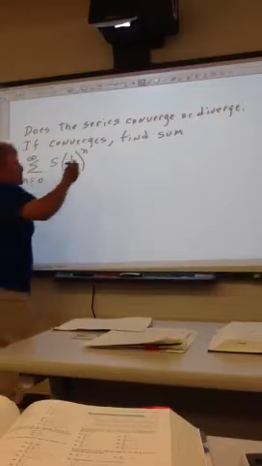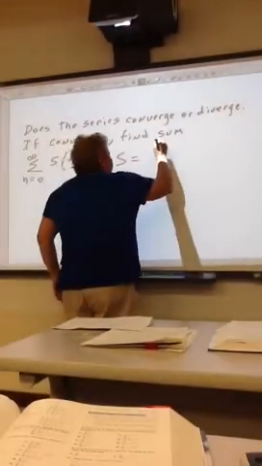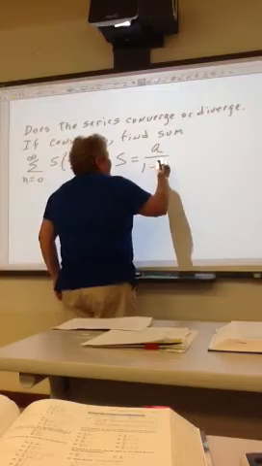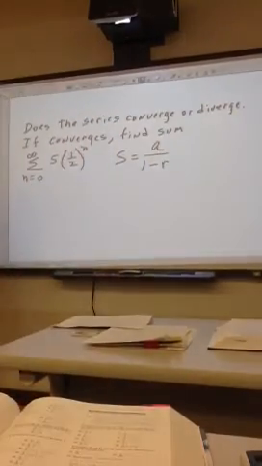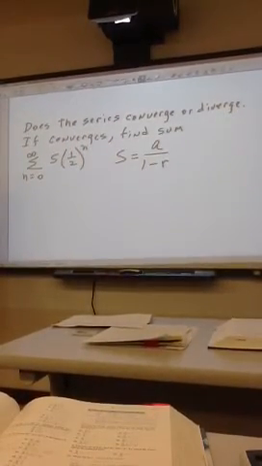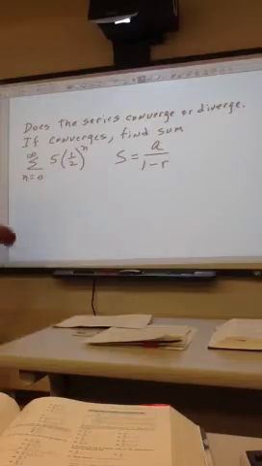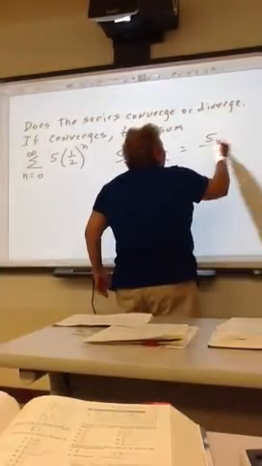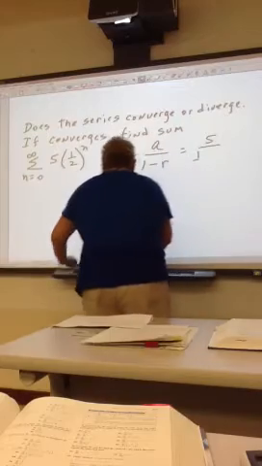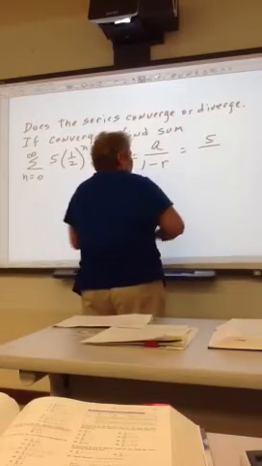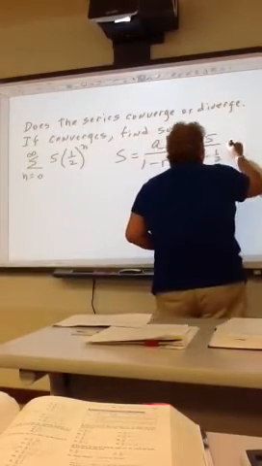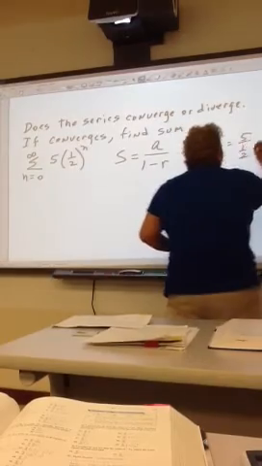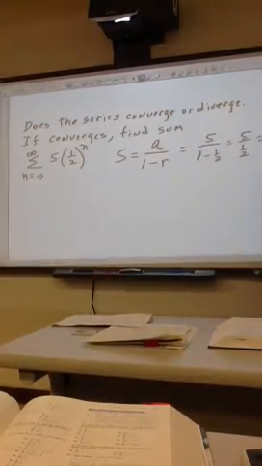The second answer is, if it converges, the formula for the sum has got to equal a over 1 minus r. And so 5 over 1 minus 1/2, which is 1/2. So that's 5 over 1/2, and that's 10.